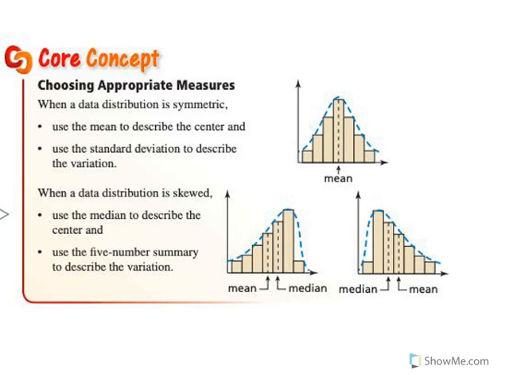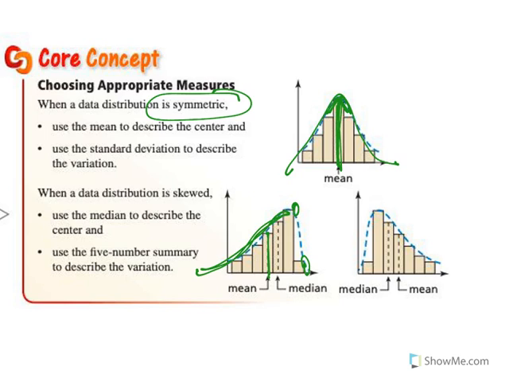If your data is symmetric, it means that the average, the number in the middle, is going to be your best description of your data. If it's skewed left, your mean is way over here, and so you've probably got an outlier here and an outlier here.